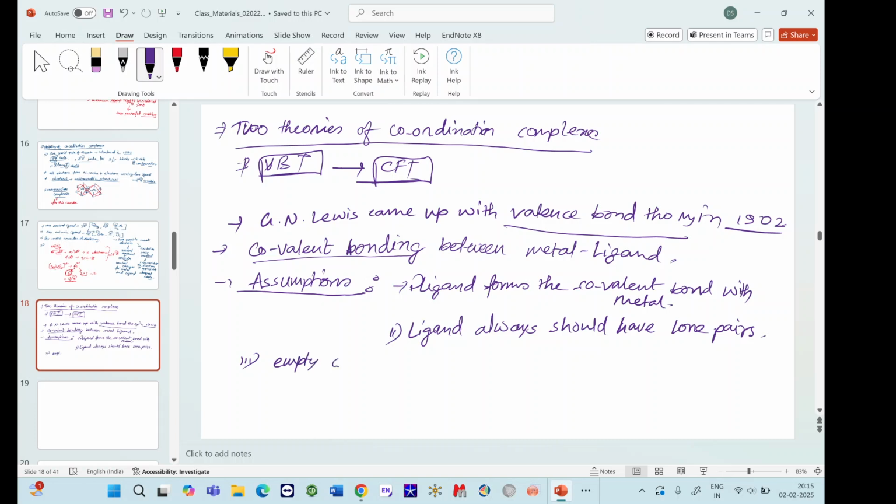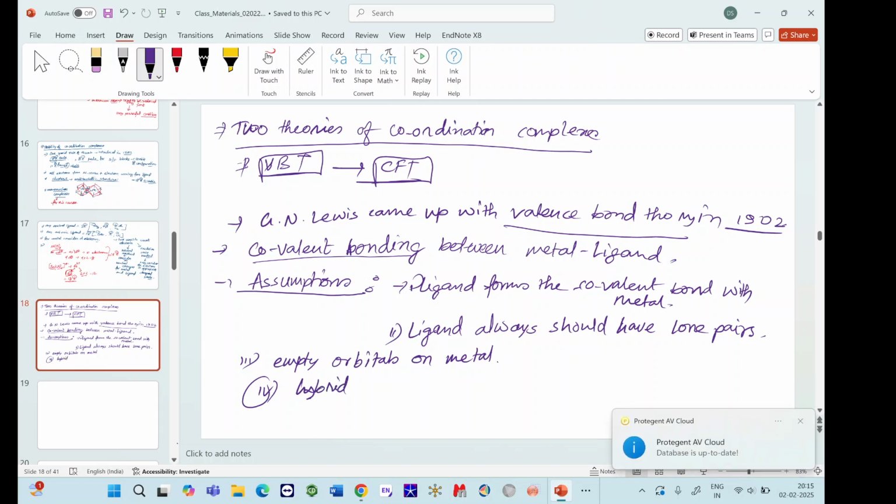So empty orbitals are given. And what type of orbitals are used for this bonding? It will be hybrid orbitals. So the concept of hybrid orbitals was introduced in this theory.